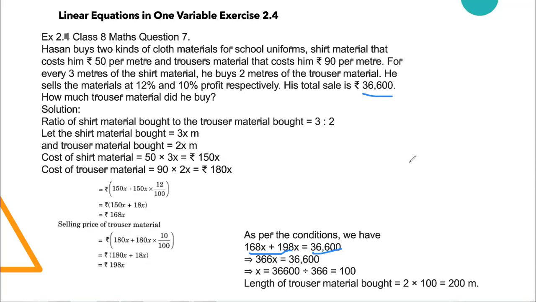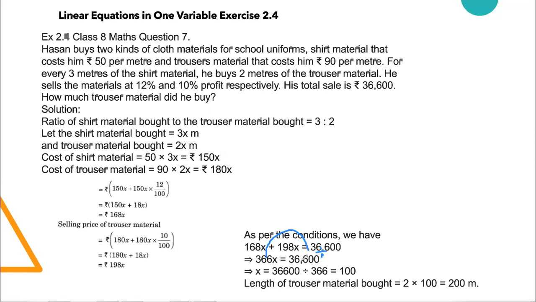Now going ahead, how do you solve this? 168 plus 198, which gives you 366x equals 36,600, right? Now you can simply transpose 366 towards your RHS part, which converts to division, right?